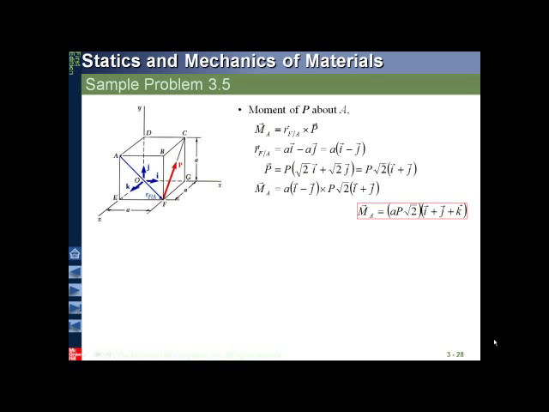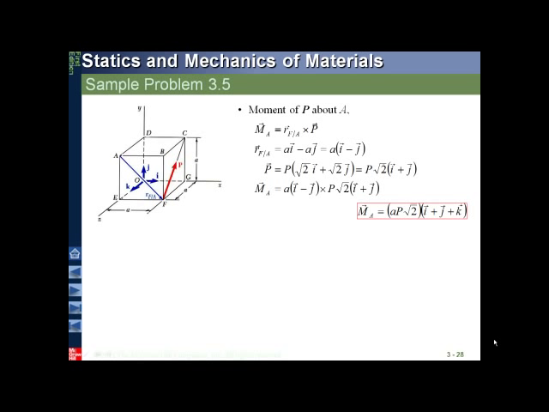This position vector is A in the x direction, I, minus A J, because in the y direction, coming from point A down to point F, I'm dropping down the side of the cube.